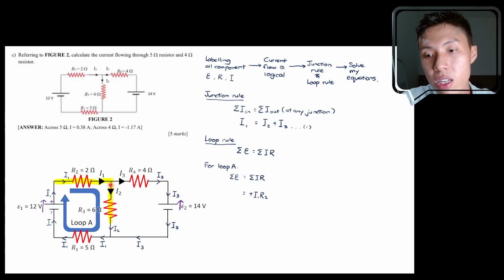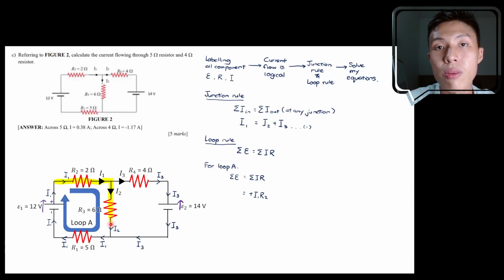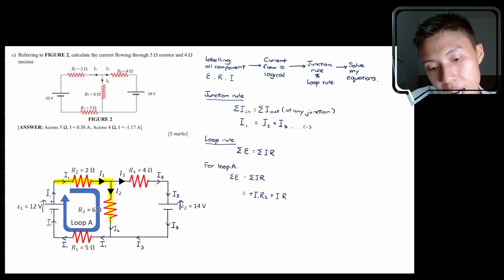My current is pointing from up to down, and my highlighter is also going from up to down. So the direction of the loop is the same as the direction of the current. If same direction, then it's positive IR. You have to label as well what is the I. The I is I2, the R is R3. So you have to label them clearly.